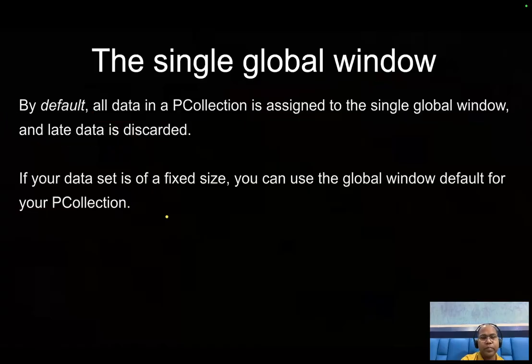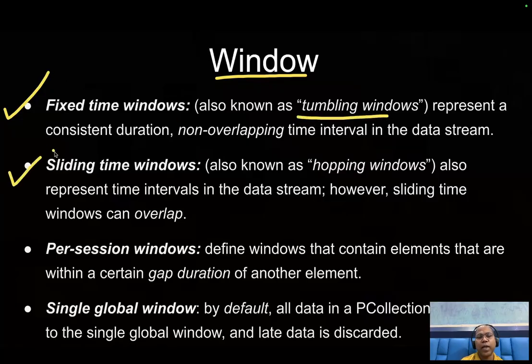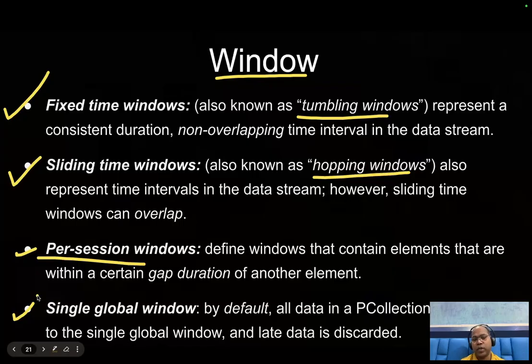So these are the four commonly used window strategies in the Apache Beam model: fixed time window, also known as a tumbling window; sliding window, also known as a hopping window; per session, also known as a session window; and single global window, also known as the global window strategy. So these are the windowing strategies that the Apache Beam model supports, and we should be aware of them.